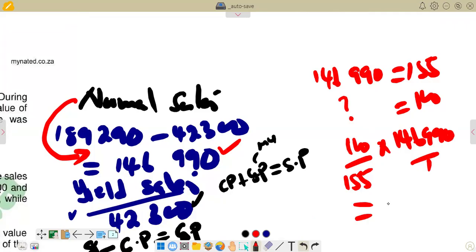If you calculate correctly, let's try to see what we get there. We say 100 divided by 155, and then we are going to multiply by 146,990.